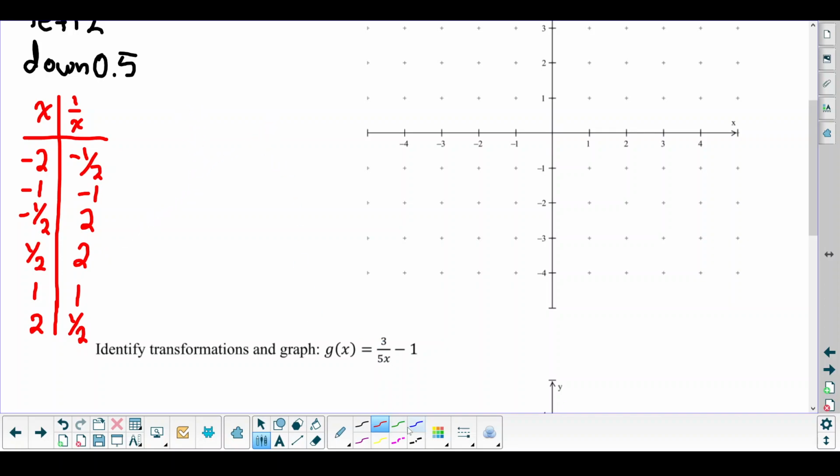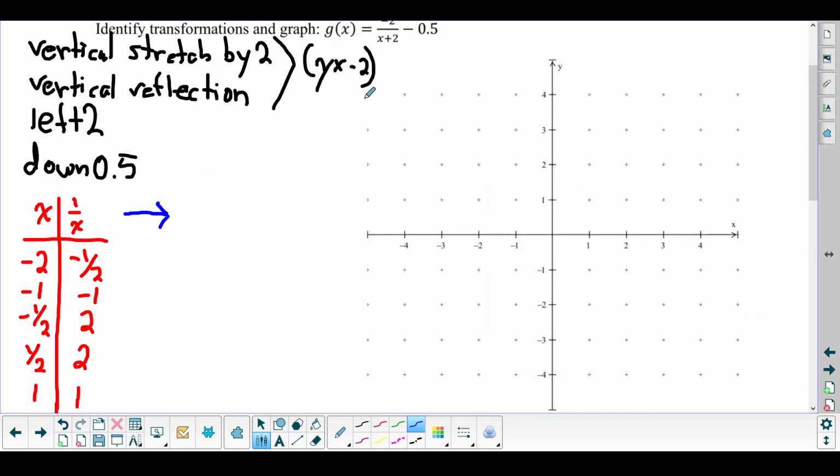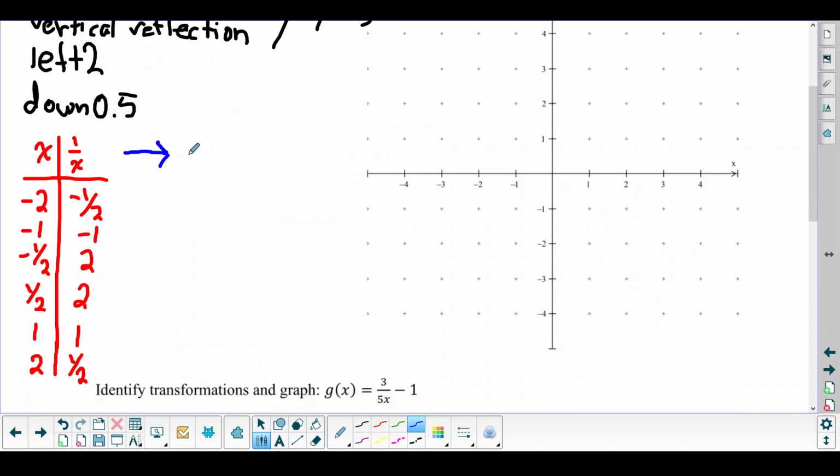Okay, and we're going to transform this. We're going to have to multiply the y's by -2. So once again, the x's don't change. So we'll write those in again. And we're going to multiply these by -2. So calculator's your friend here, but you can maybe do them in your head as well.